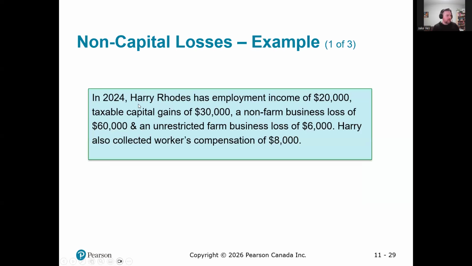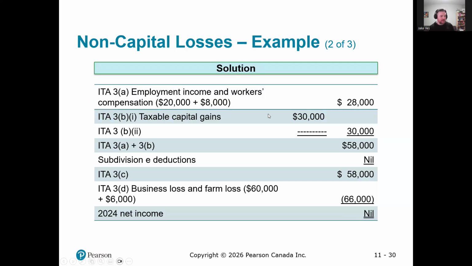So in 2024, Harry Rhodes has employment income of 20,000, taxable capital gains of 30,000, a non-farm business loss of 60,000, and an unrestricted farm business loss of 6,000. So we have $50,000 worth of income, $66,000 worth of losses, and we also collected workers' compensation of 8,000. So our employment income plus our workers' comp adds up to $28,000.